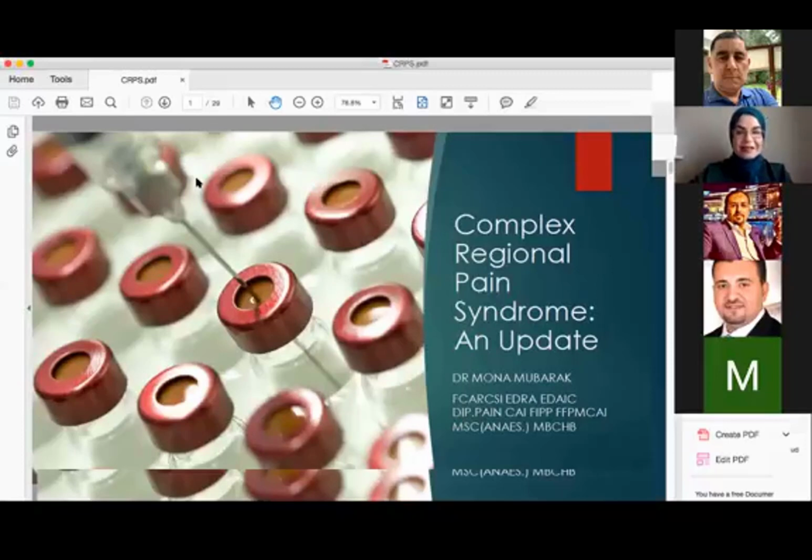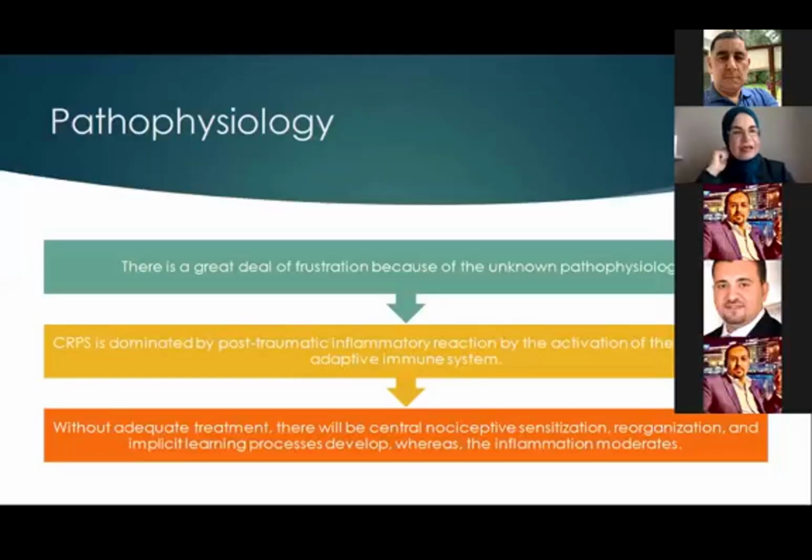CRPS is a rare disease, but it started to be overly diagnosed, and I'm going to come back to this as well. Regarding the pathophysiology, there is a great deal of frustration because it is unknown. CRPS is determined by the post-traumatic inflammatory reaction, so it is mostly an inflammatory process through the activation of the innate and adaptive immune system.